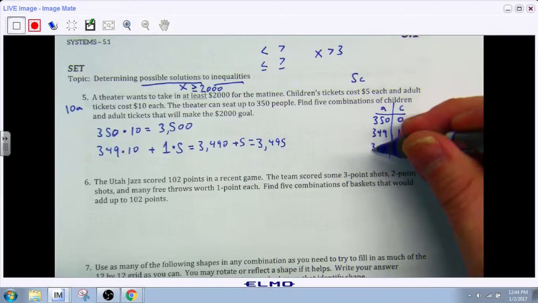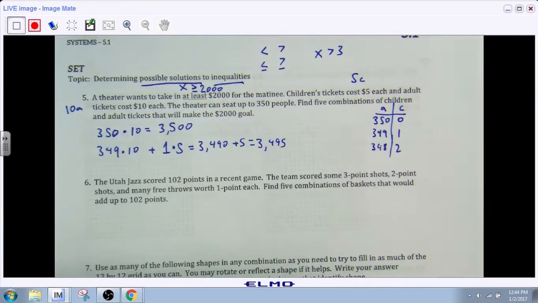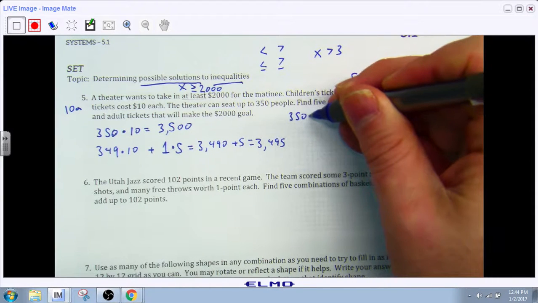So we could do that, and then you could kind of see we can keep doing this. 348 and 2. Now, that's not terribly interesting. An interesting number would be trying to figure out what's the most number of children we can fit in here? What happens if we put 350 children in here, which is a terrible idea.